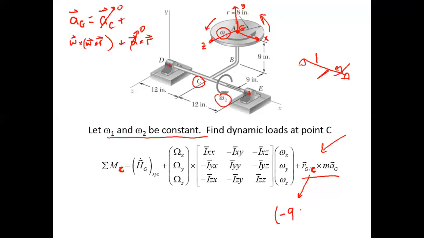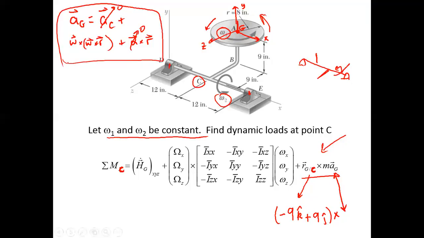It's just a -9 in the k-hat direction, plus another 9 in the j-hat direction. Then that's going to be crossed into whatever I get for my omega term up here. Okay, is that part okay so far?